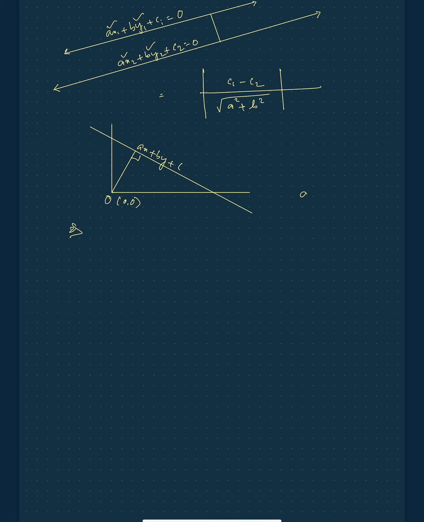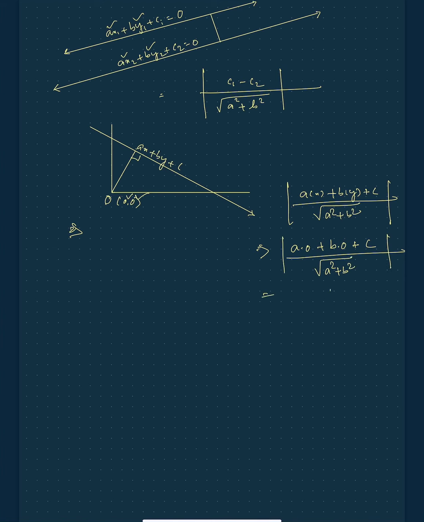By the formula, a into x plus b into y plus c divided by the square root of a square plus b square, and you take mod for the whole. So it will be a into 0 plus b into 0 plus c divided by the square root of a square plus b square. It will be equal to c divided by the square root of a square plus b square. This is the distance formula from the origin.